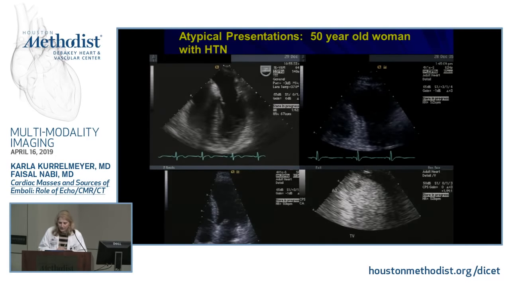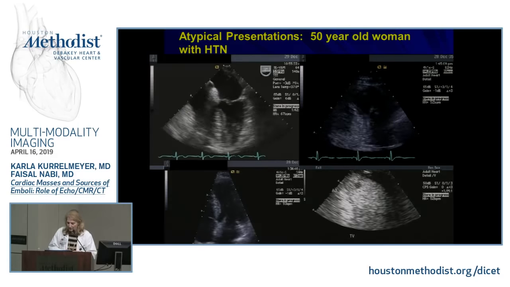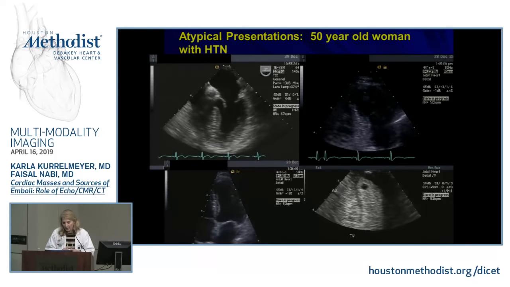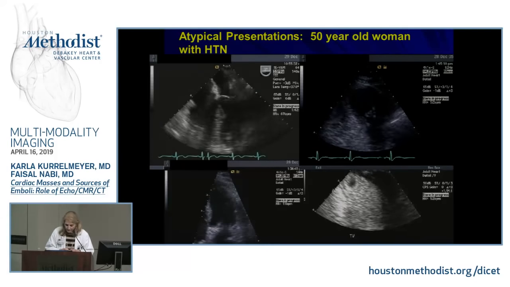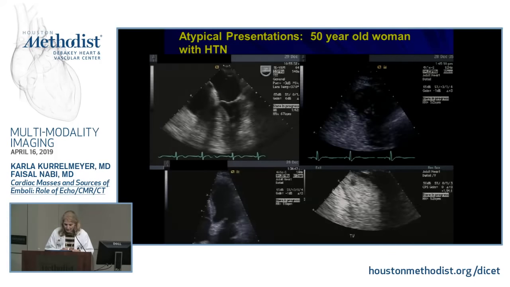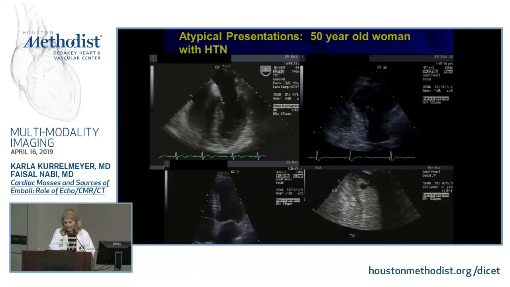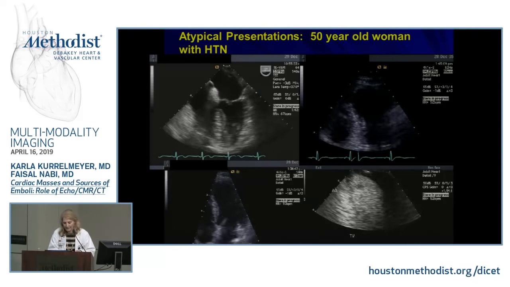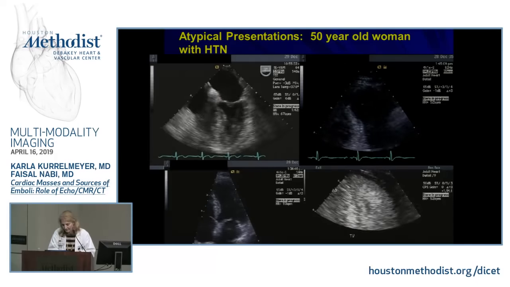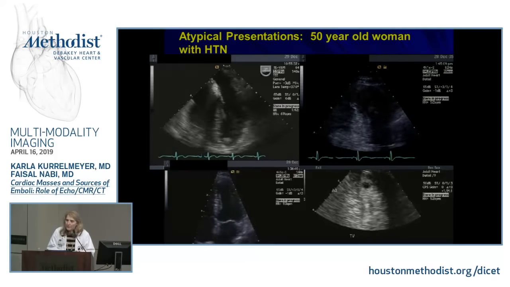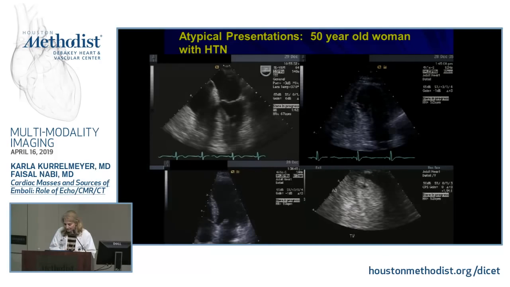So this is a 50-year-old woman with hypertension, and she just got referred to the echo lab to, I guess, evaluate for LVH. And you can see on her TEE and transthoracic images that there was a mass that was identified. You can even see it on the TEE, a very mobile mass in the apex of the LV, which is unusual because the apex is moving normally, so we really didn't think that was a thrombus.